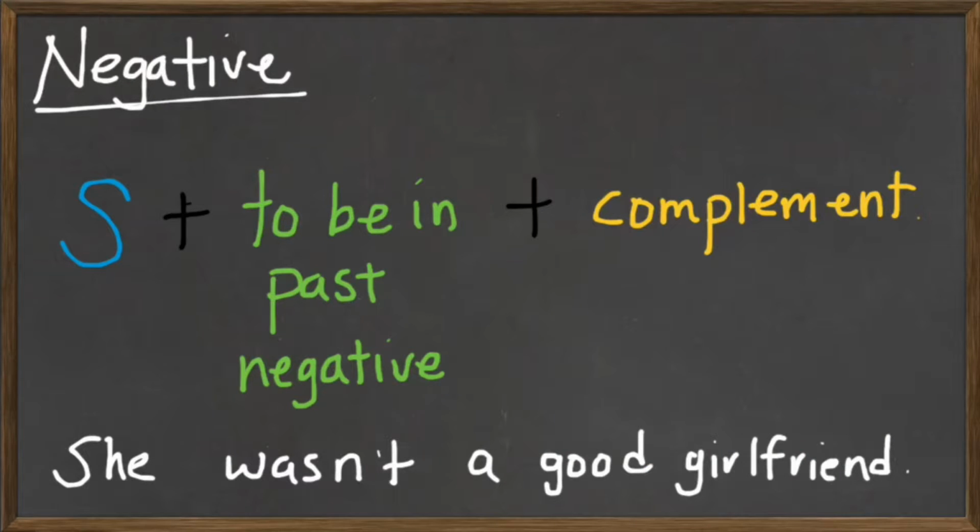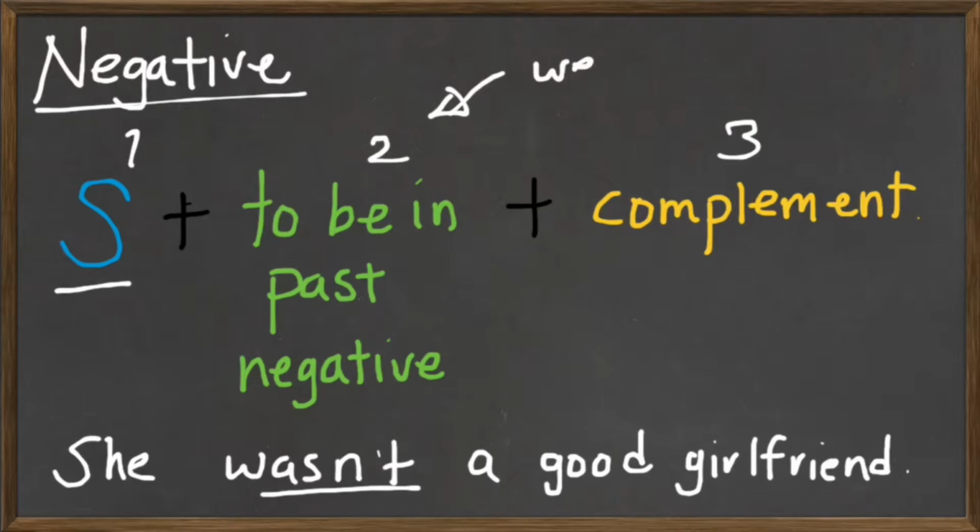Now let's move on to the negative form. We have three elements too. Element 1, element 2, and element 3. Okay, so the negative consists of only having the subject, the verb to be in past in negative, which can be wasn't or also weren't.